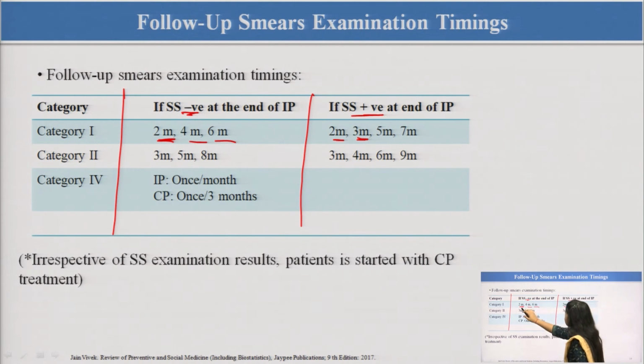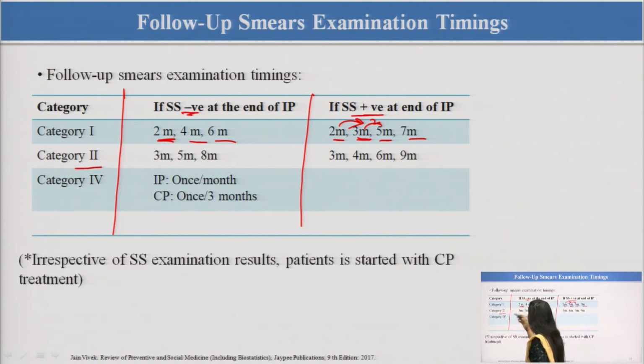Here you can see there is a gap of 2 months if it is showing negative. But if it is showing positive, we will again do the test at a gap of 1 month, so at the 3rd month, and then we will give a gap of 2 months, then we will see at 5 months and 7 months. So this you can see here.